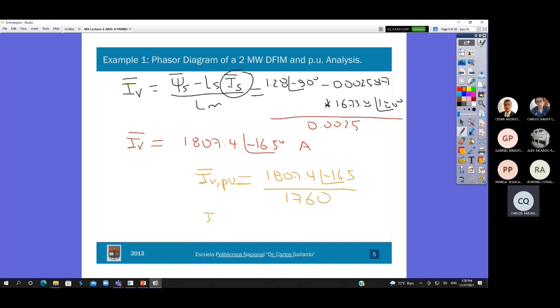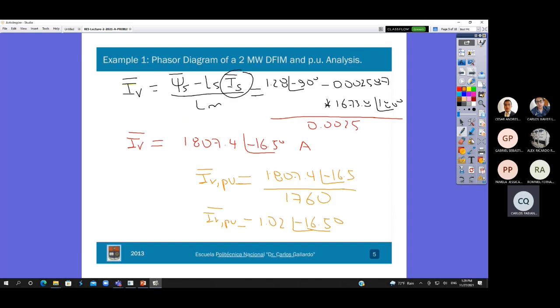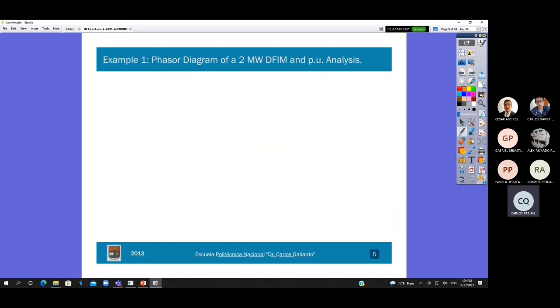Therefore, the per unit rotor current is equal to 1.02 with negative 16.5 degrees. This is the per unit value. Following the methodology, once I compute the rotor current, I will continue with the rotor flux.